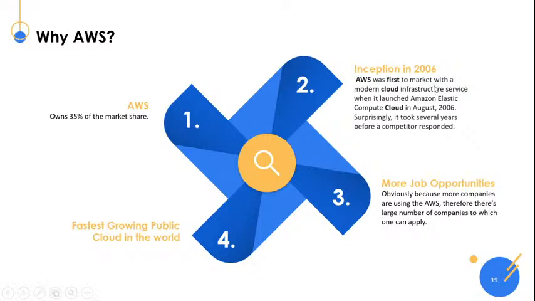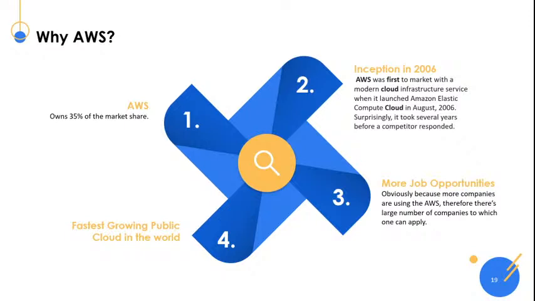The second reason is AWS was way back incepted in 2006, and for 14 years AWS has been running its cloud computing business. When AWS launched its cloud computing business, it was the first and foremost cloud provider, and that is the reason for such a huge market share. Azure and Google Cloud are nowhere near it.